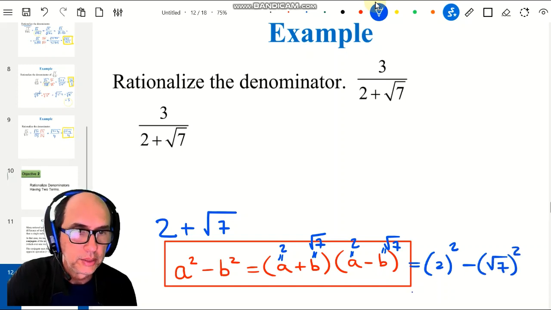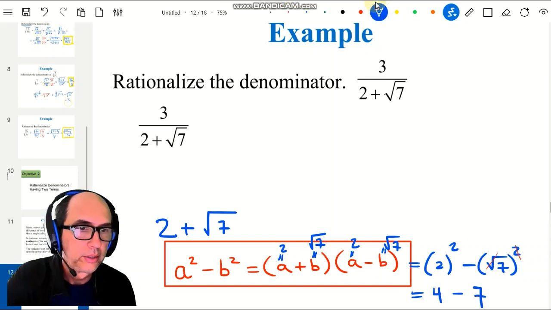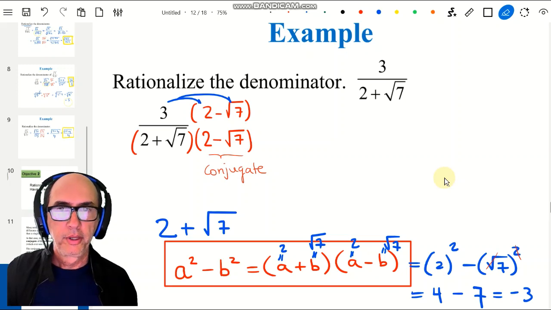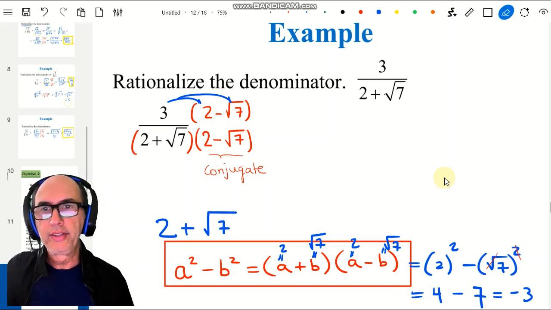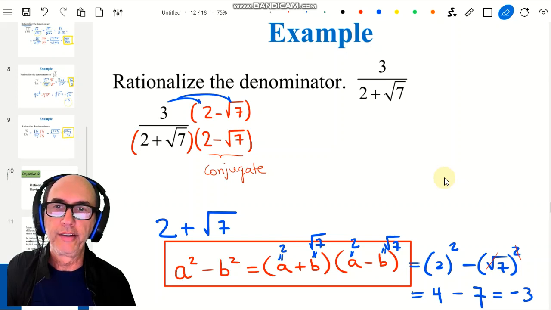And this is nice because 2 squared is 4, and the square root of 7 squared, this will cancel out. Look. Right, 4 minus 7 equals negative 3. Because 2 minus the square root of 7 is the conjugate of 2 plus the square root of 7.